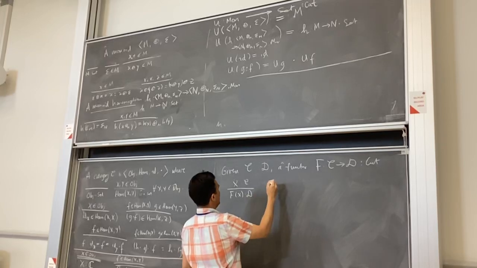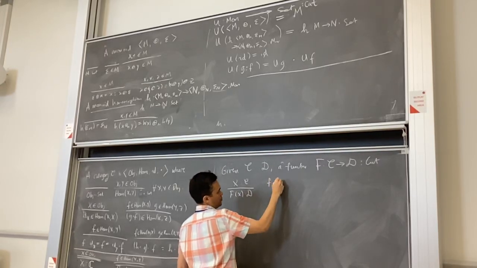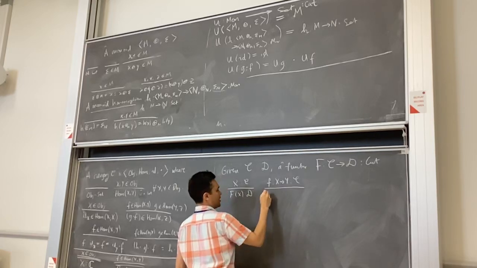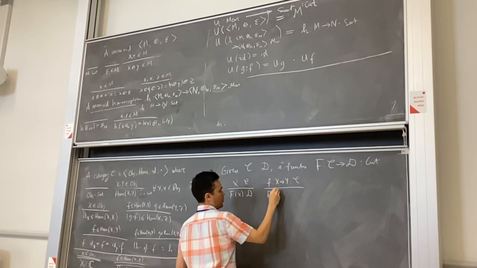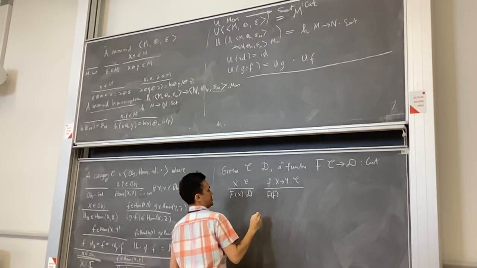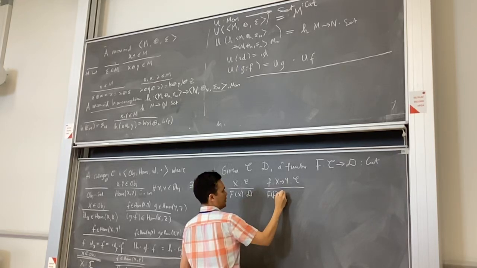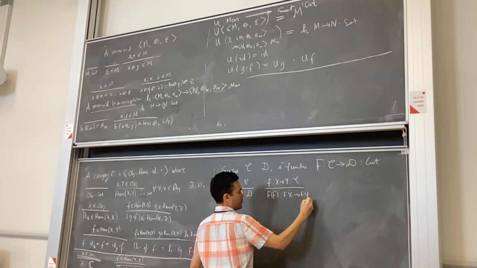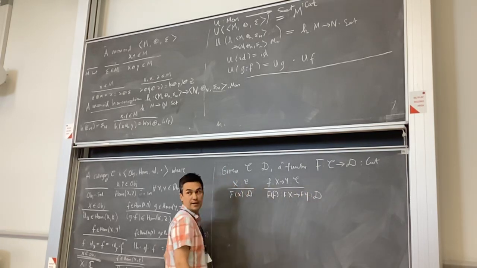If we have some f from x to y in C, then we better have F of f going from F of x to F of y in D. Okay?